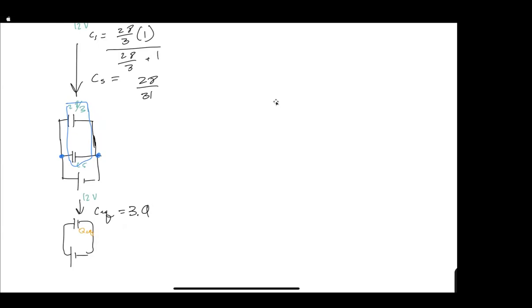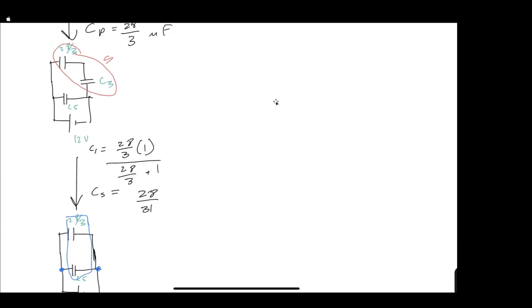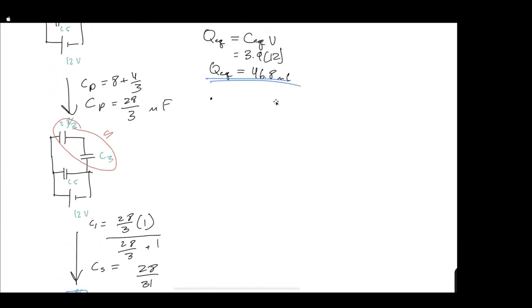The voltage is going to be the same across the parallels. Okay, so which one do we solve for? You tell me. We can solve for C5. C5. Okay, exactly. So I'm going to say Q5 is equal to what? Well, what's the equation? Q equals what? Q5 is equal to C5 times V. So Q5 is equal to 3 times 12, right?